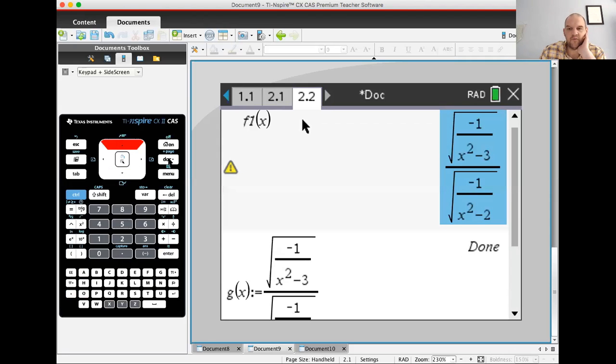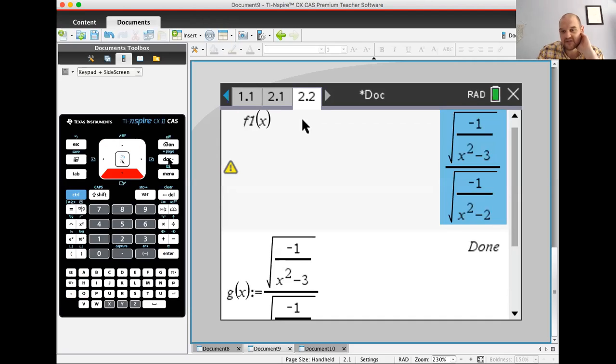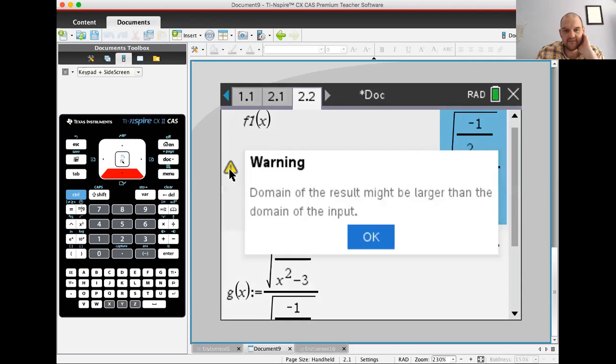Okay, so here's the thing. When we asked what f1 of x was, it gave us an answer, but it also gave us this, and I'm going to click on that. Domain of the result might be larger than the domain of the input. So that's interesting. I found the domain of the result, and it was negative root 2 to root 2.